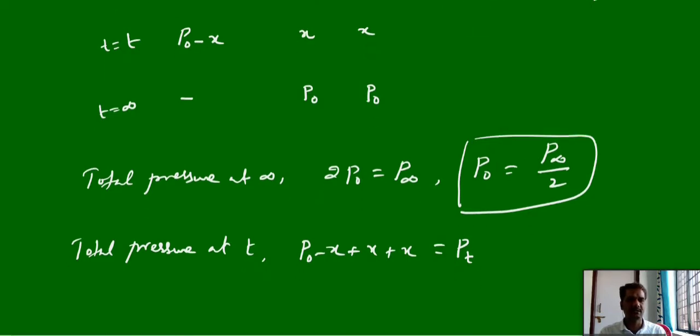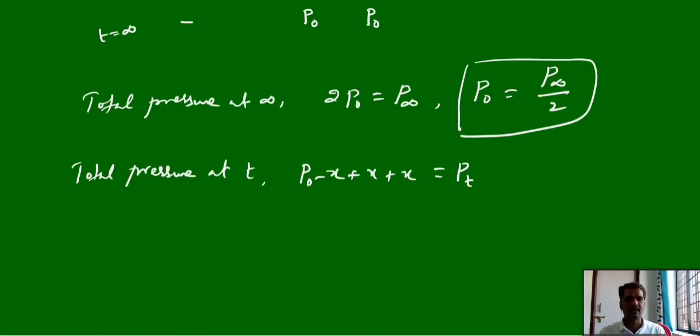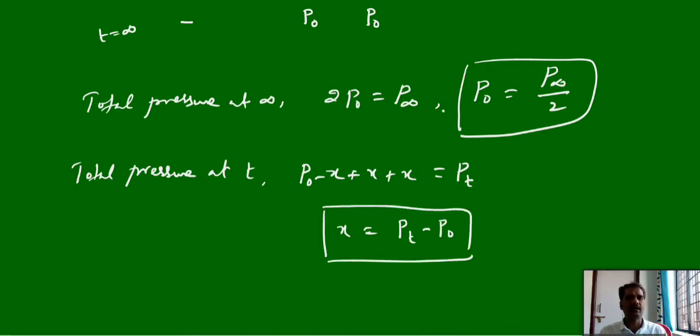Now from this, what is the x value? x is equal to Pt minus P naught. So now we have the P naught value and the x value. If you substitute these in the given rate equation, we can identify it.